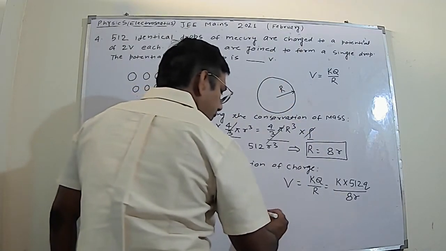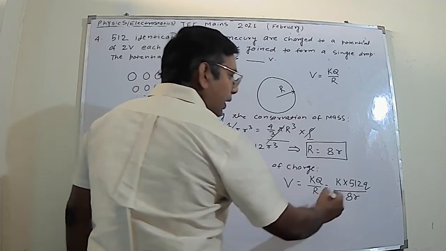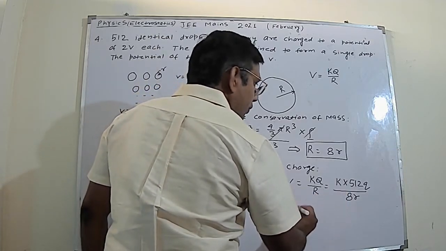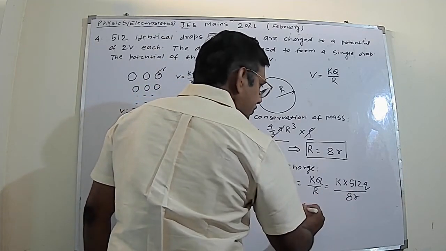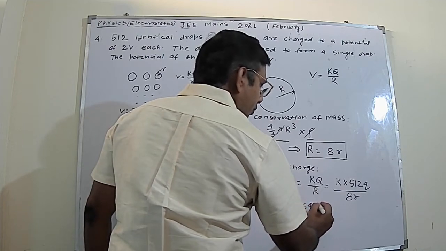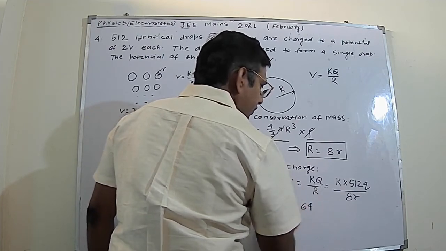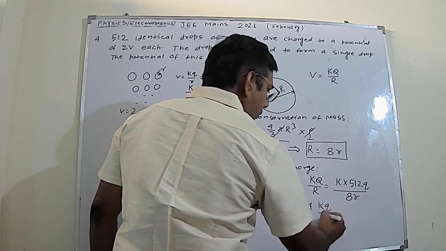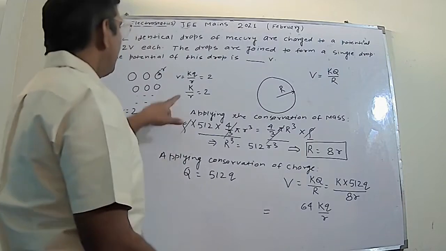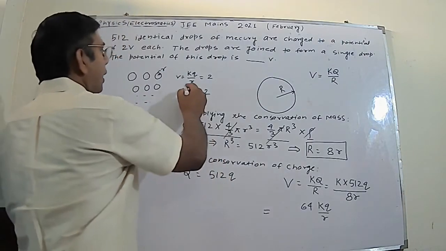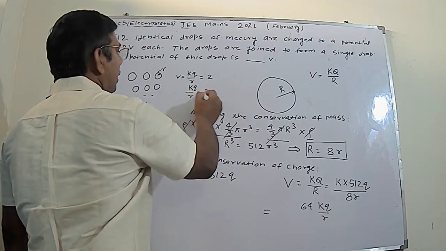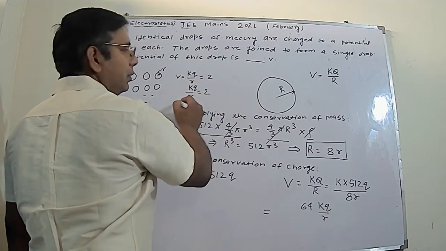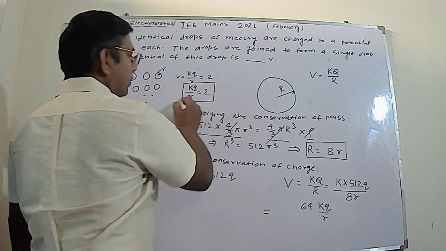So further we can write K into 512 q upon 8r, this is 64 Kq by r, and Kq by r here is 2, right?